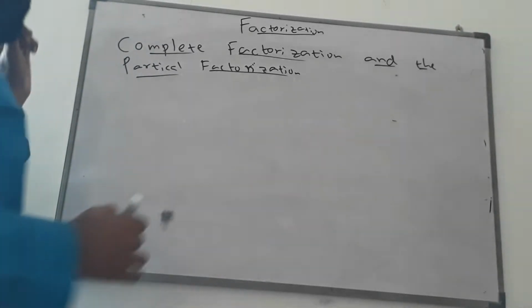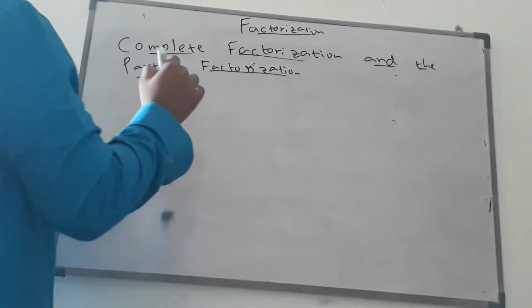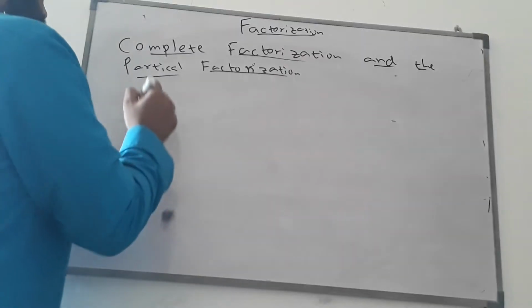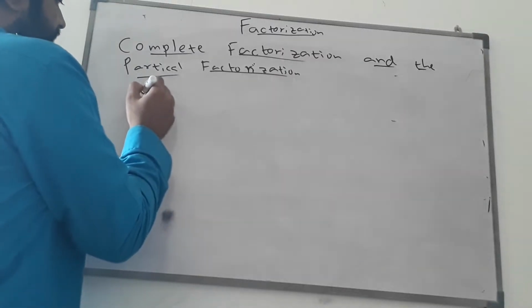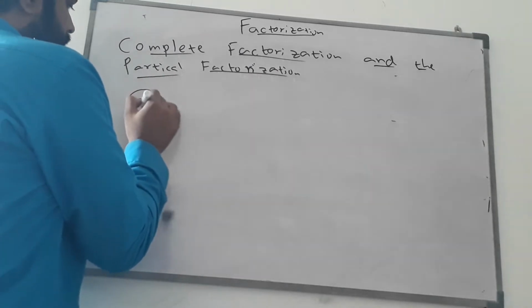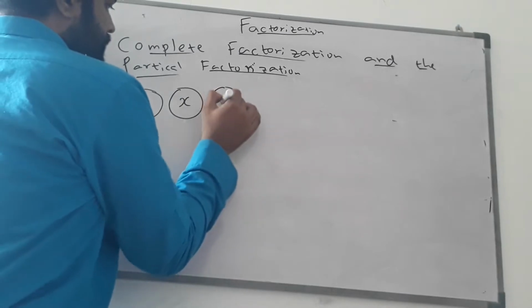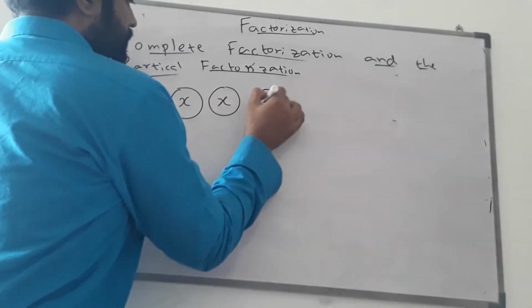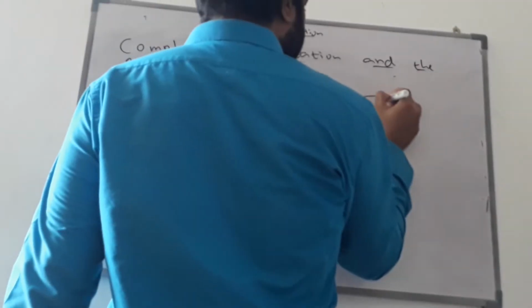Okay, take a look at this sum, where there are 4x coins and 8y coins.